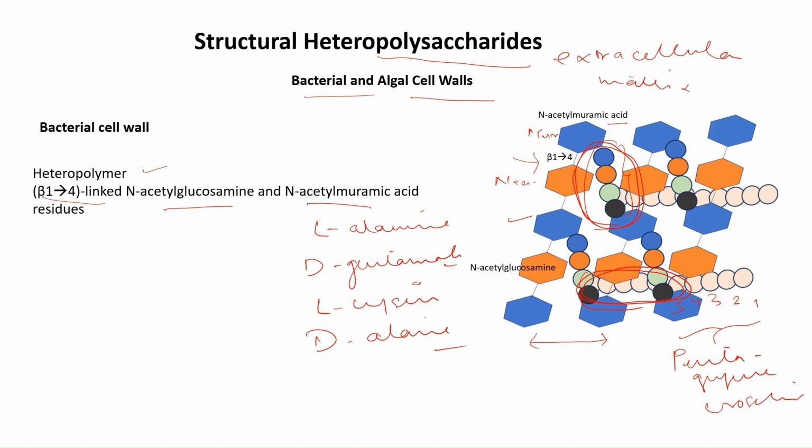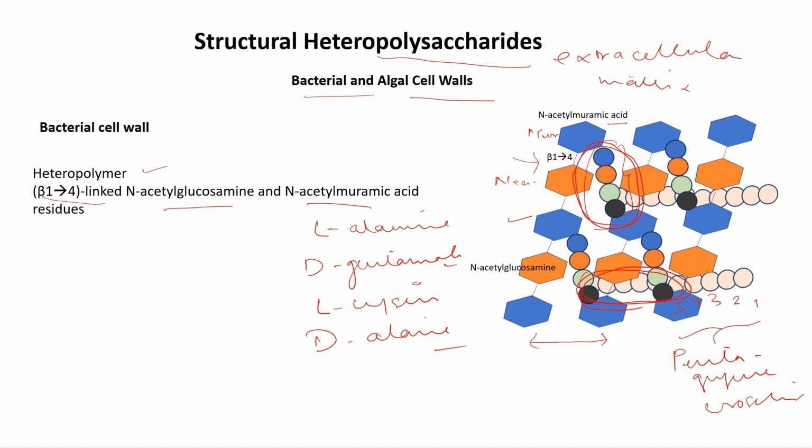What are the linkages present? The N-acetylmuramic acid of one chain is linked to the N-acetylmuramic acid of the next chain, between the first molecule of the first chain and the third molecule of the second chain. These amino acids are also cross-linked through pentaglycine crosslinks, 5 glycine molecules placed side by side.